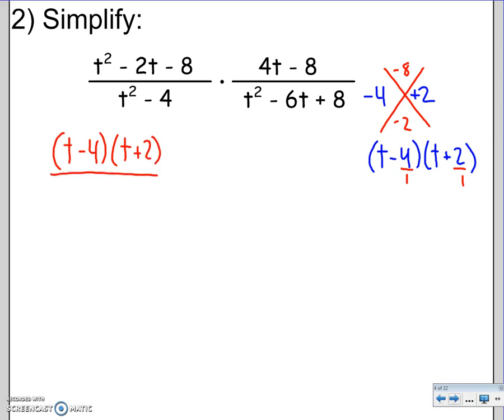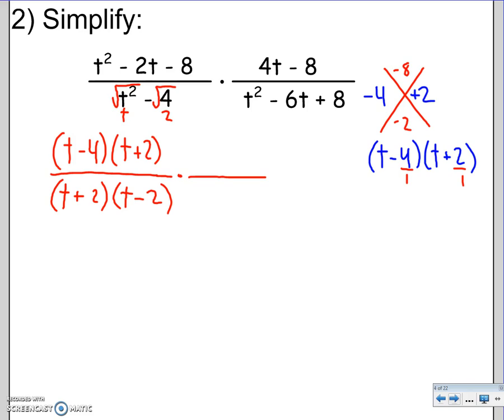It is 2 terms. There's no GCF. Since it's quadratic, I can keep going, so I'm going to do the square root, difference of squares. When I square root both of them, I get t and 2. That makes 2 parentheses. So t, 2, t, 2, plus, minus. My first fraction's done.